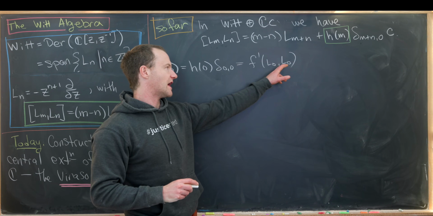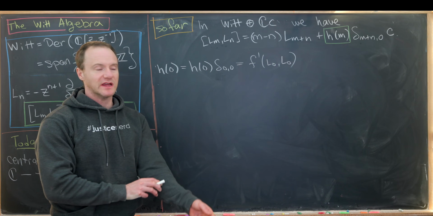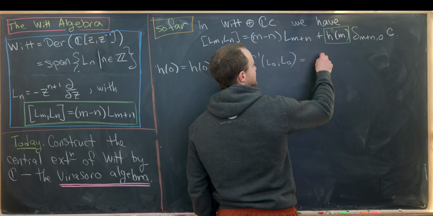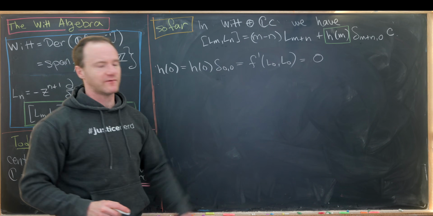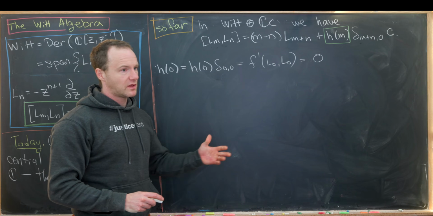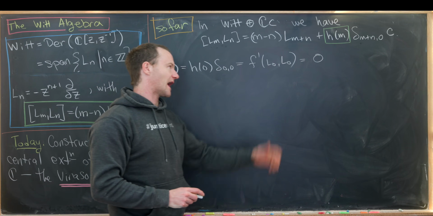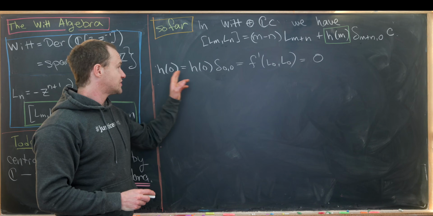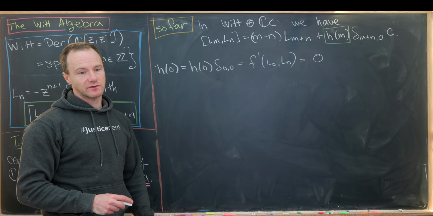Then remember, when f prime has the same two inputs, you always get 0. So this gives us 0. Really, that gives us f evaluated at L0, L0, which is 0, and then plus g evaluated at the bracket of L0, L0, but that's also 0. So that means that h evaluated at 0 is 0.